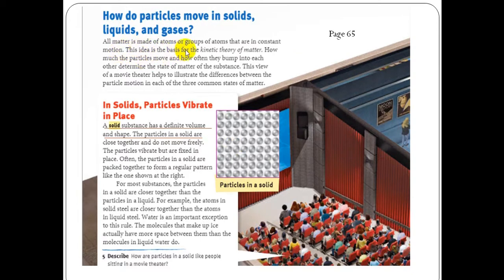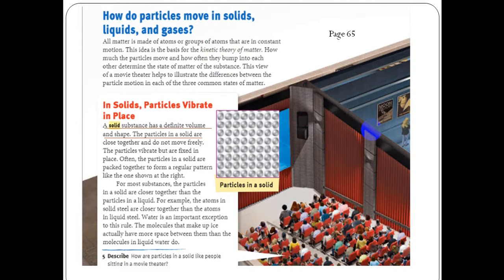This idea is the basis of the theory called the kinetic theory of matter. Kinetic energy, if you remember, we took it last year, is the energy of motion. The kinetic theory of matter says that particles inside matter are always in constant motion. So this is the meaning of kinetic theory of matter. You can highlight the meaning, please.